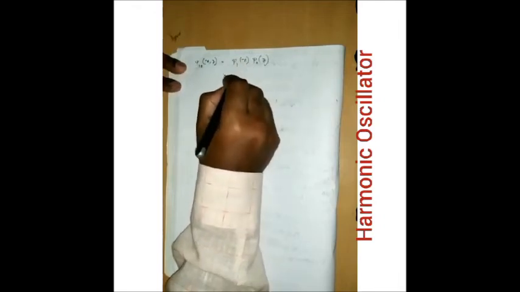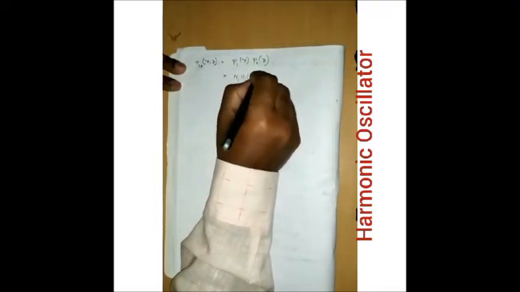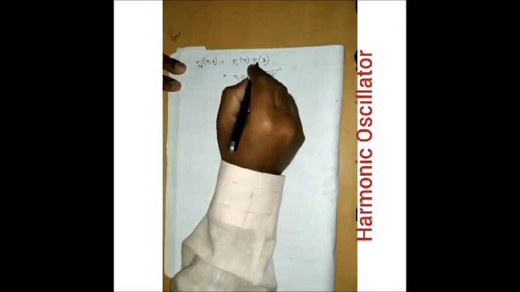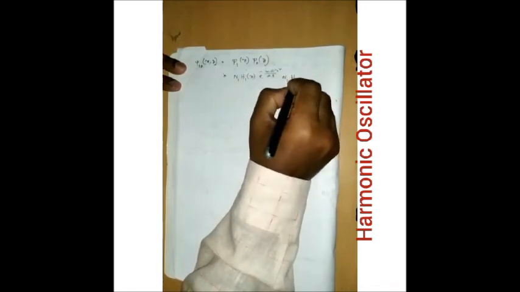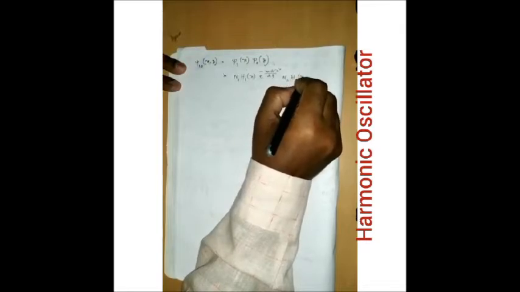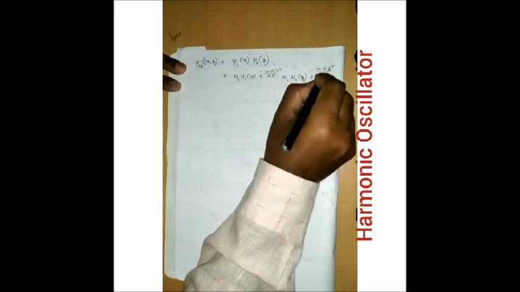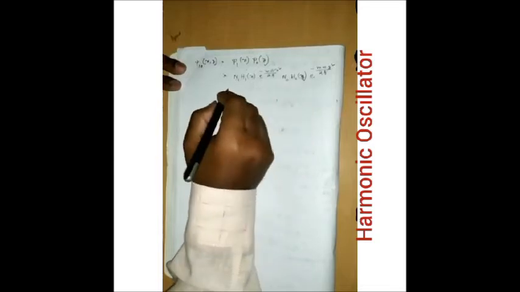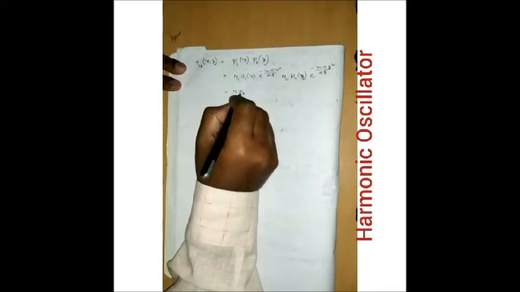Your psi 1 of x will have a normalization constant, suppose N1 I am taking, H1 of x, and e to the power minus m omega x squared upon 2a squared. For psi 0 of y, I am taking the normalization constant N naught, H naught of y, and e to the power minus m omega y squared upon 2a squared. So N1 and N naught are the normalization constants.